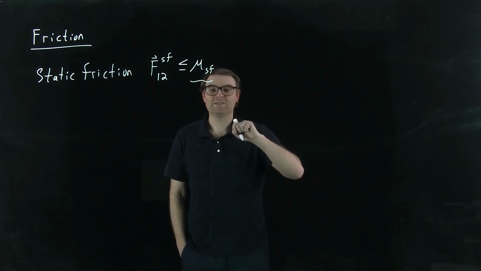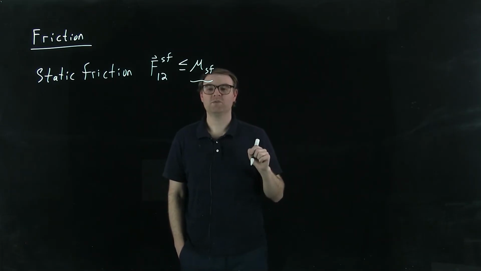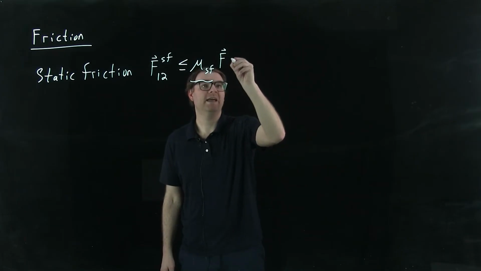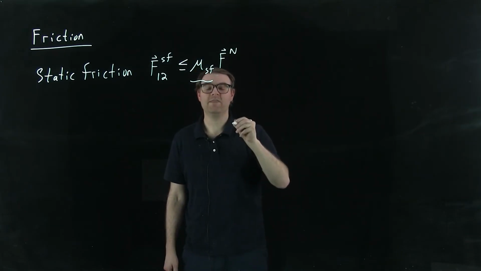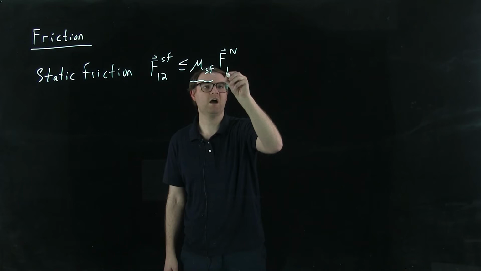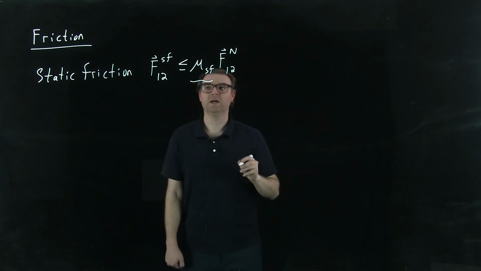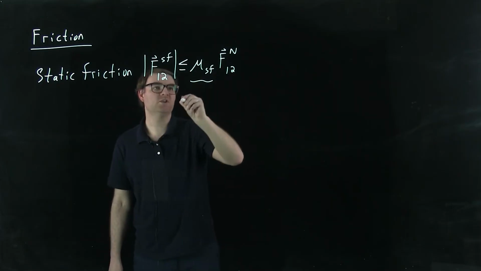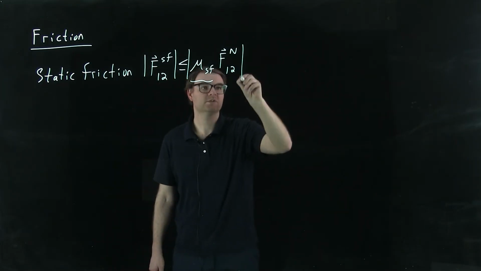And then you'll put an SF, or sometimes just an S subscript on here, times the normal force that is acting on the same objects, so between objects 1 and 2. This equation is only true for the magnitude of the static friction force.